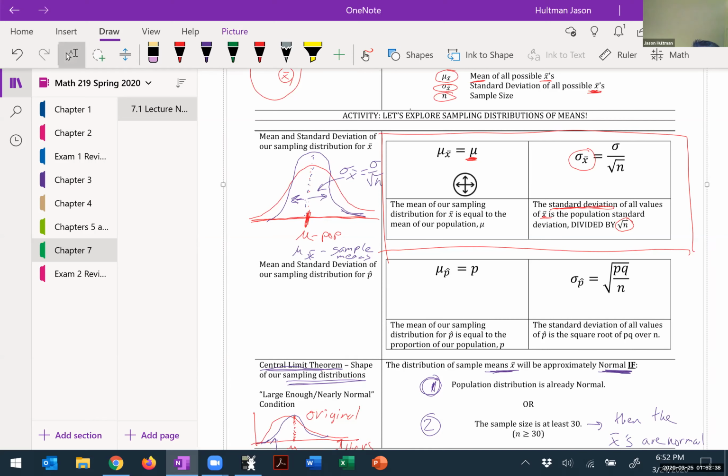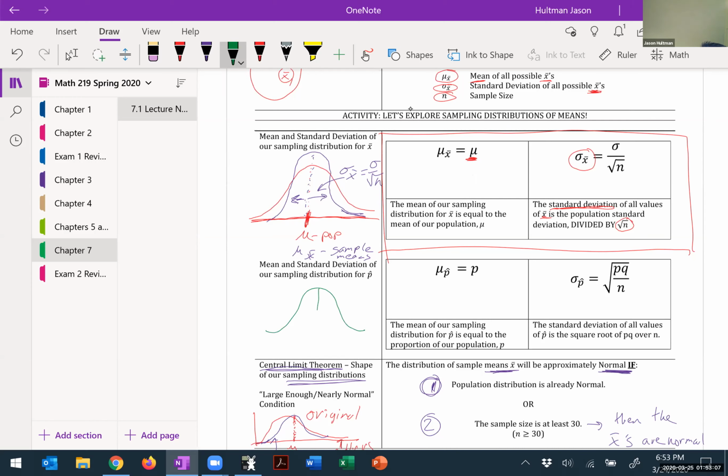As we take our proportions, as long as my sample size is large enough, then all roads again lead to a normal distribution.